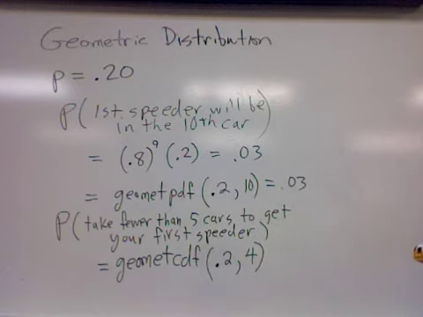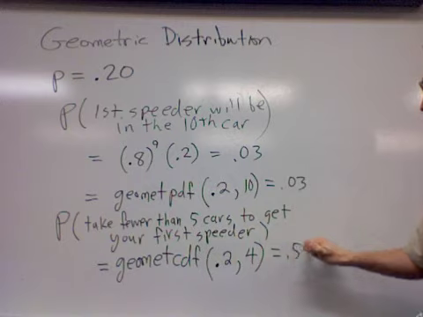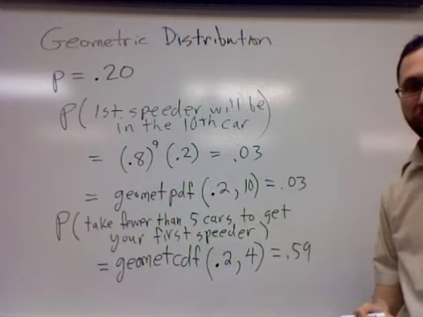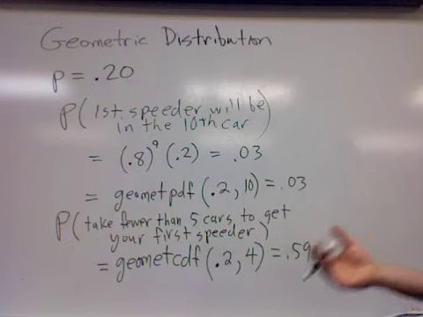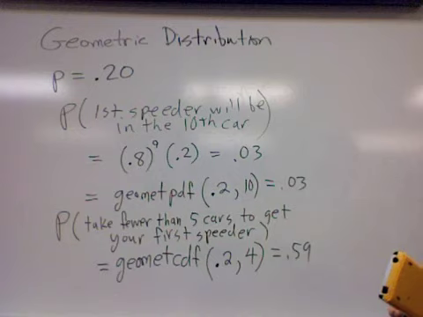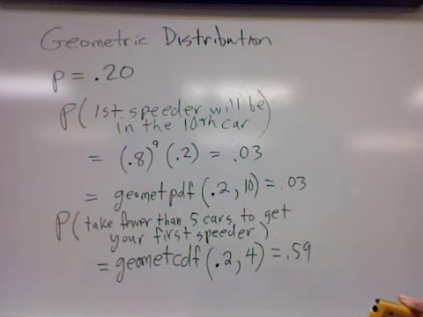So if you used that, you end up getting about a 59% chance. Now, in terms of actually graphing this geometric distribution, the distribution would continue on and on forever to the right, because we have no idea how many trials it will actually take in total.